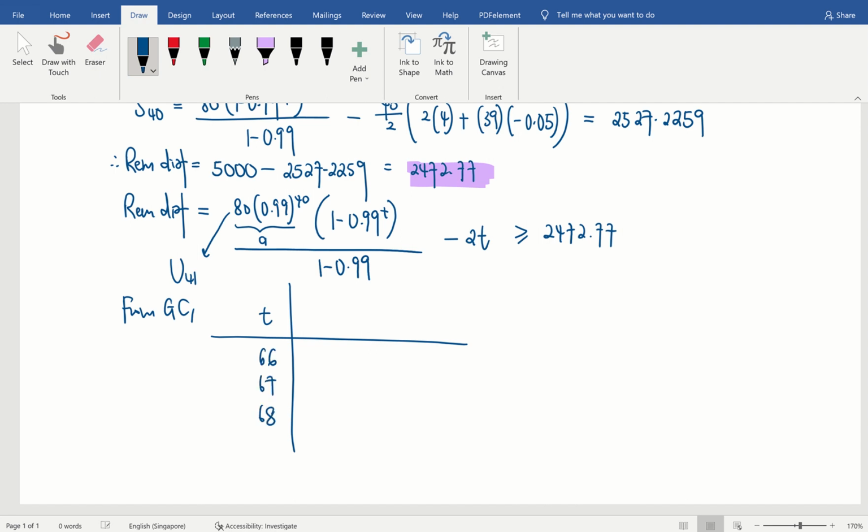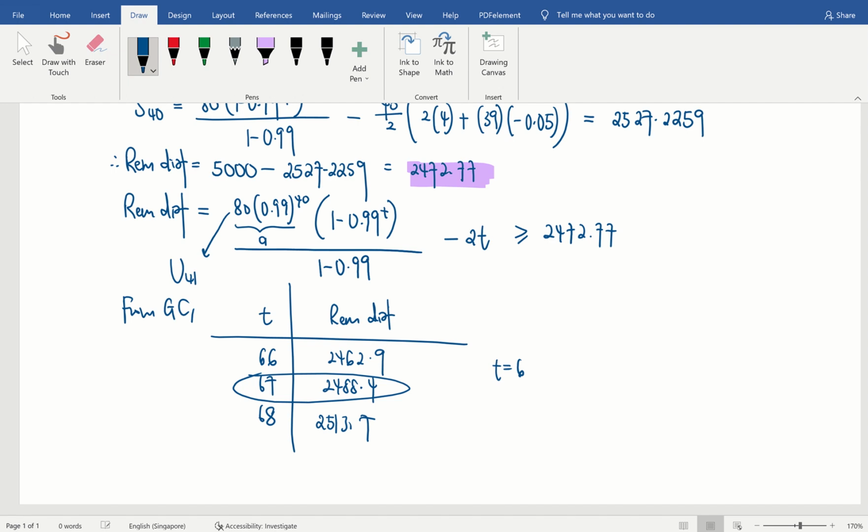Let me just scroll a bit more for this one. You second graph it, right? Yeah, only because it's nearest integer. That's what the question asks for. Yeah, okay.